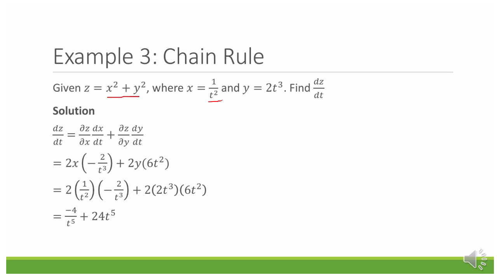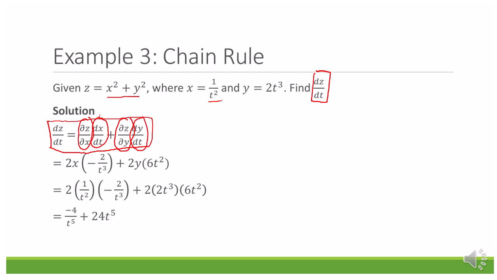So find what is dz/dt. To find dz/dt, we need to use this formula. What this shows is that we first need to differentiate dz/dx, then we differentiate dx/dt. And then similarly, we have to differentiate dz/dy and dy/dt.